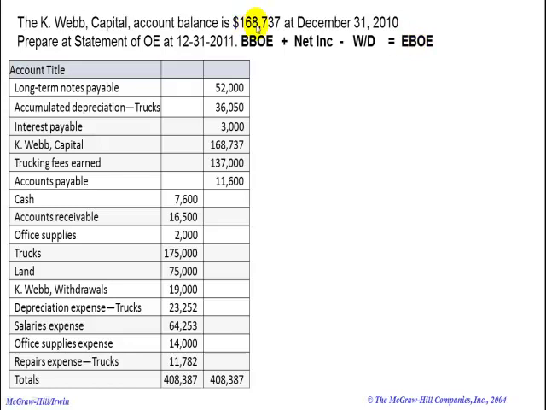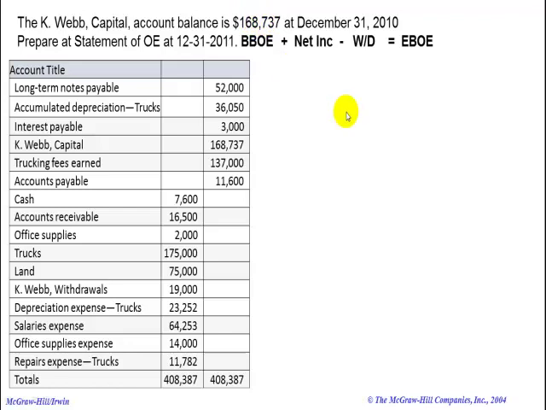And the problem gives you the beginning balance of owner's equity, which is 168,737 at December 31st, 2010. So that really is the same thing as January 1, 2011, and this statement of owner's equity is for the whole year of 2011.